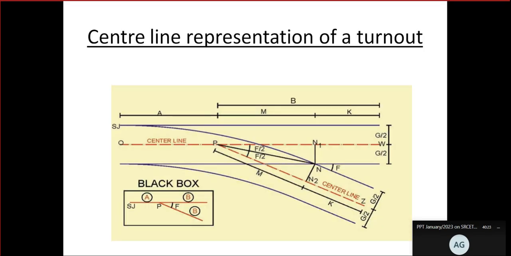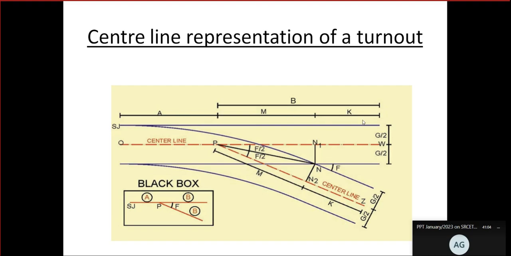So this is the central representation of a turnout. See here, if you take a points and crossing, this is the main line, this is the turnout line. This is the center of the turnout, as already discussed. This is the point of intersection. From the SRJ to the point of intersection is A, we are denoting.